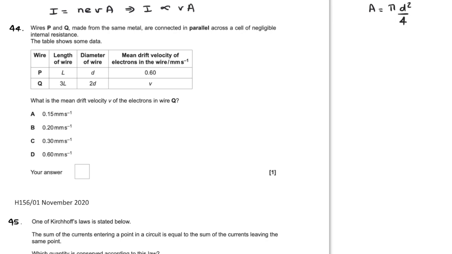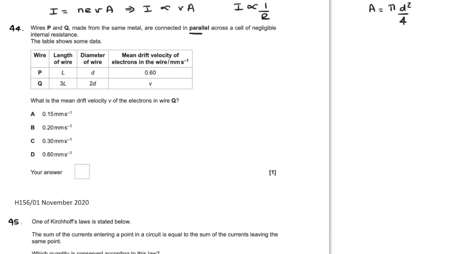How we can relate the current with the resistance is also important because we are given the length and again area is concerned. Because it's a parallel connection, we know that voltage will be constant and therefore current will be inversely proportional to the resistance.